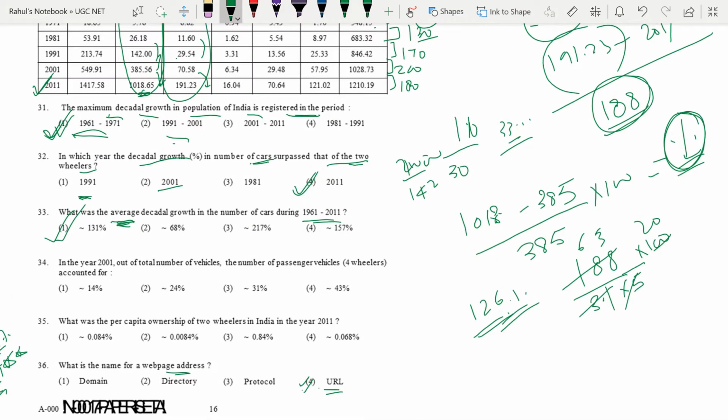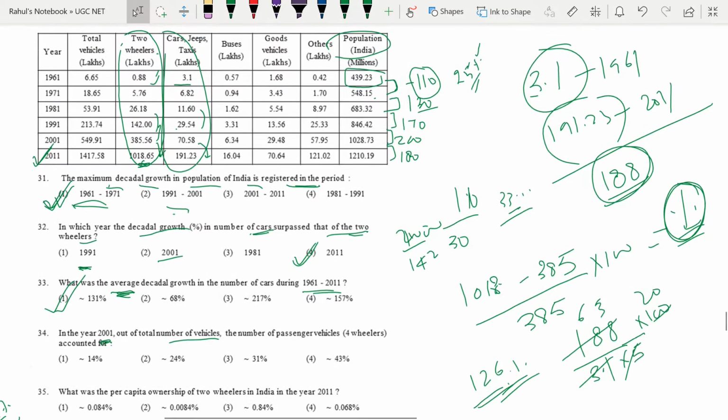The question number 34 is in the year 2001, out of the total number of vehicles, that is 549.91, the number of passenger vehicles, four-wheelers, are accounted for. Out of this, how many percent of four-wheelers are there?